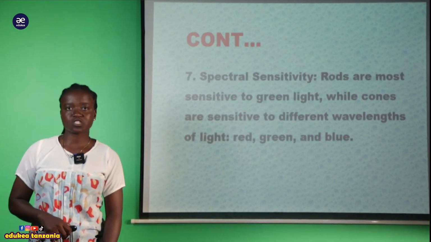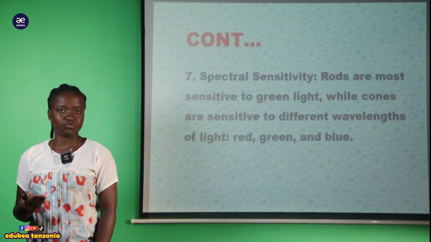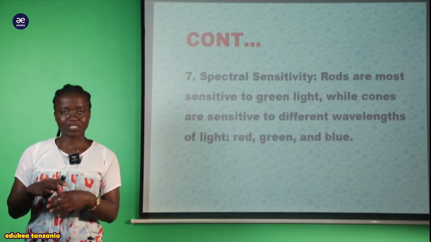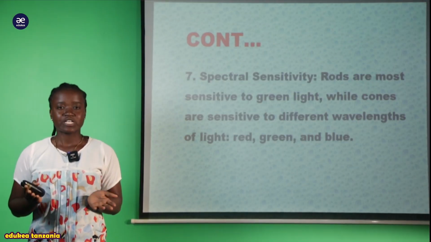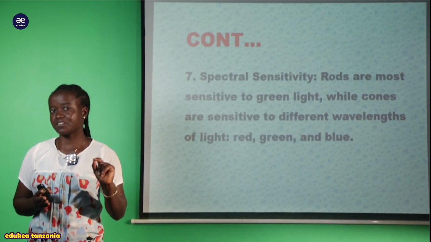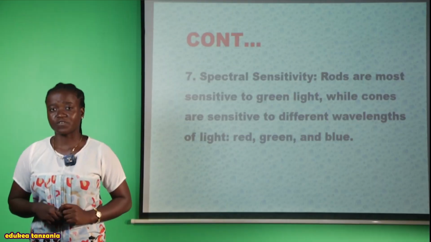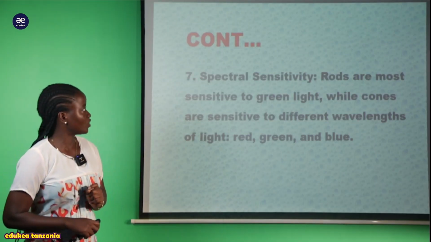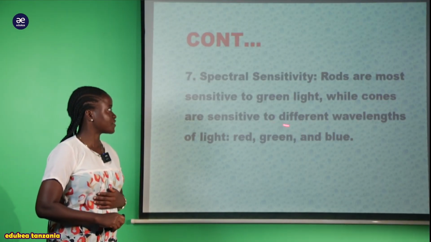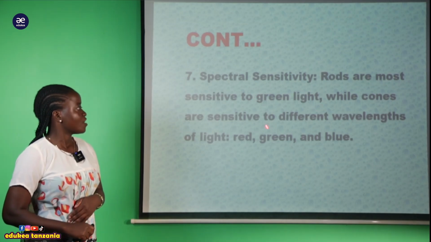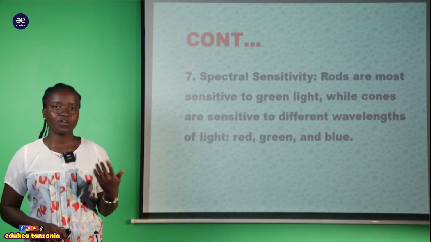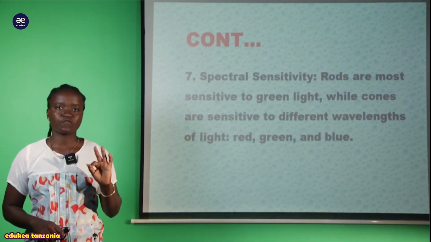So hii rods tunasema kwamba it is very sensitive to green light, pale ambapo patakuwa na mwanga wa kijani. So these rods, they are very sensitive to detect the presence of green light. But when you are looking at the spectral sensitivity of the cones, they have almost 3 sensitivities of light.